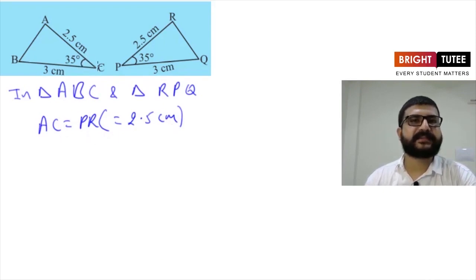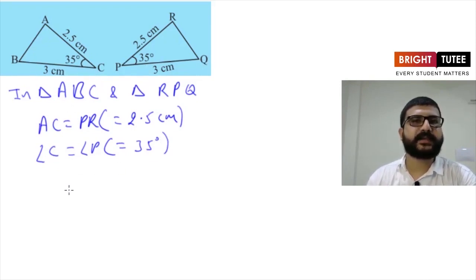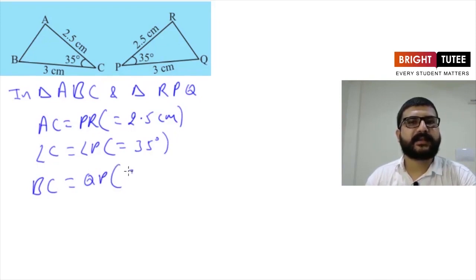And then we have angle C is equal to angle P, and they are equal to 35 degrees. And then we have BC is equal to QP. They are 3 centimeters each. So we can write it here. BC is equal to QP and they are 3 centimeters.